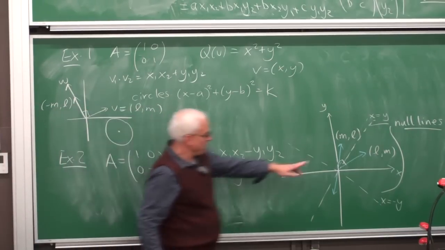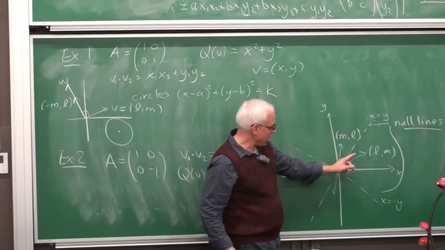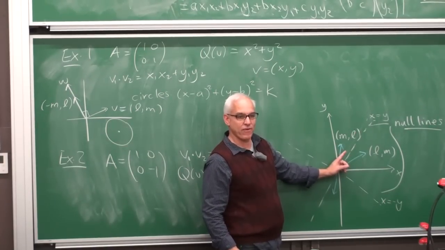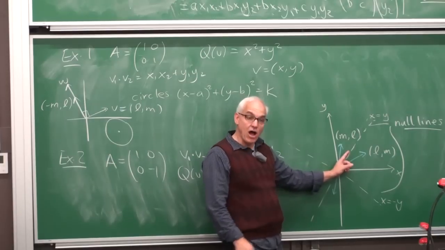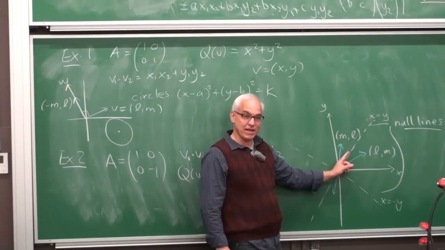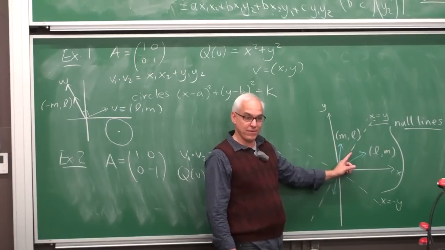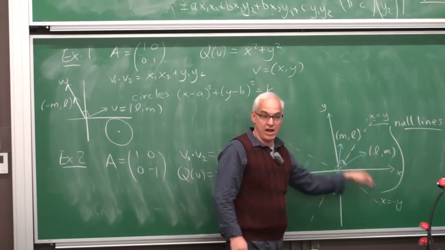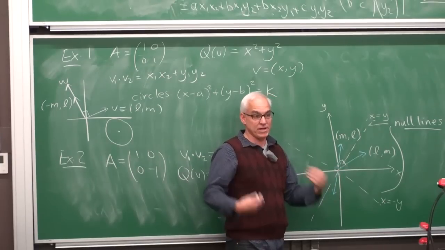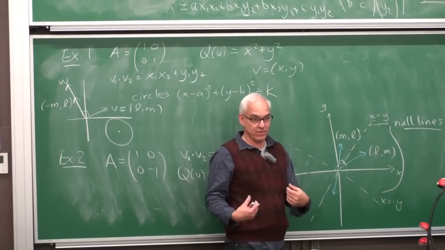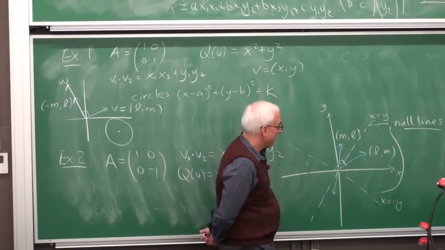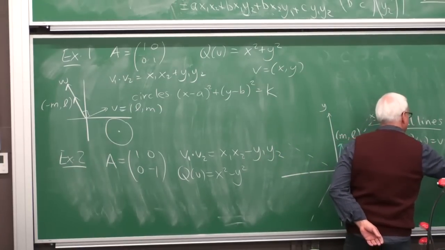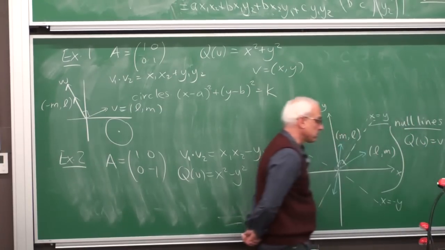So the closer a vector gets to this null line, the closer its perpendicular is to itself. And when it actually gets onto the null line, then its perpendicular vector is itself, which is just another reflection of the fact that these are the null lines. They're the vectors which are perpendicular to themselves. That's what we mean by the quadratic form, which is v dot v is 0.